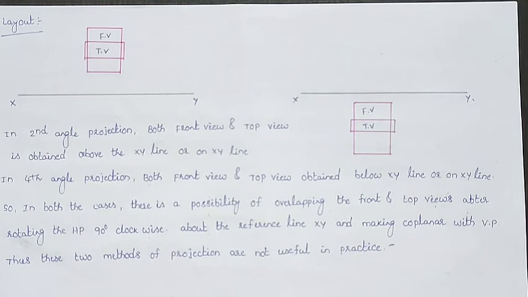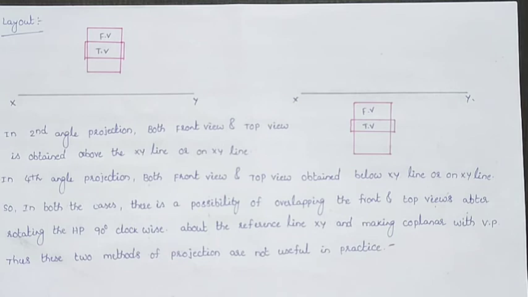So only the first angle and third angle projection methods are used for engineering drawing purposes. Because in the second and fourth angle projection methods, both the front view and top view are obtained either above the reference line, in the second angle, or below the reference line, in the fourth angle.